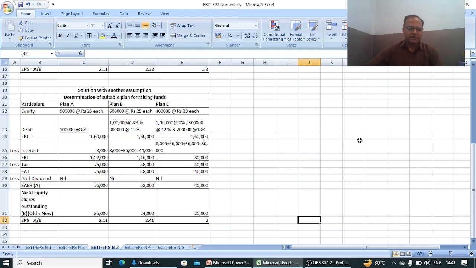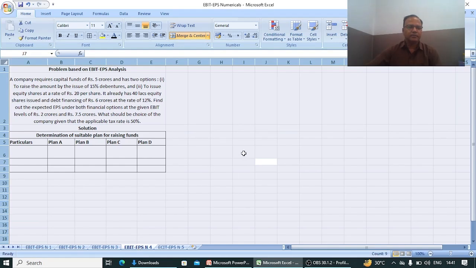Now let's start another problem of EBIT-EPS analysis. A company requires capital fund of rupees 5 crore and has two options to raise the amount: issue of 15% debenture, and second, issue equity shares at a rate of rupees 20 per share.